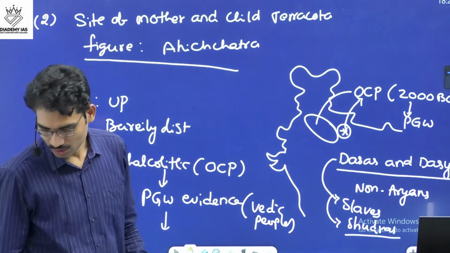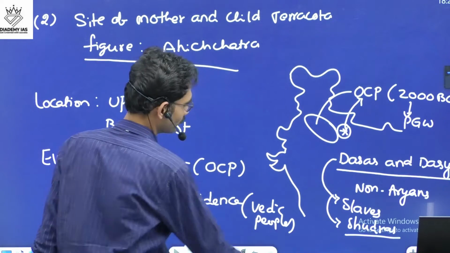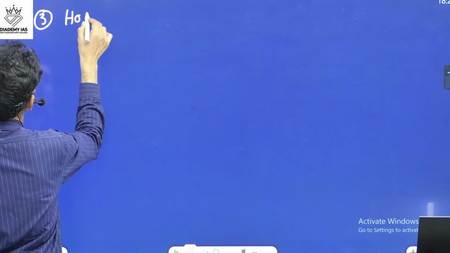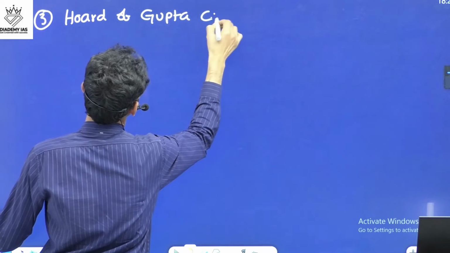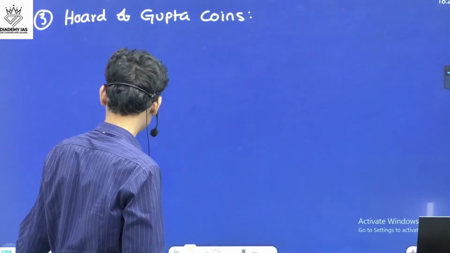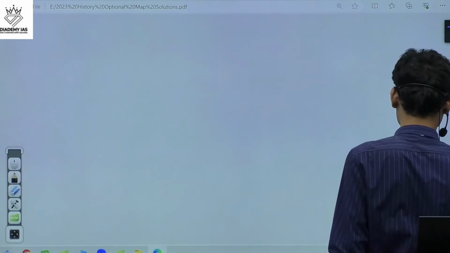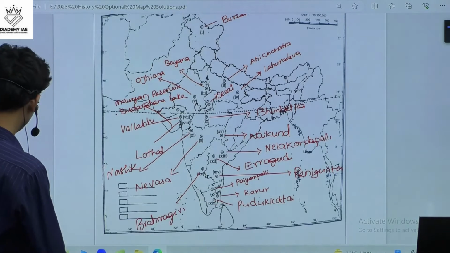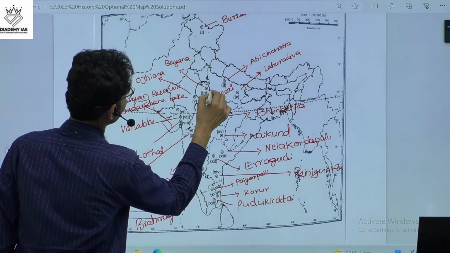Next, third one, hoard of Gupta coins. If we come down here, this is the location.